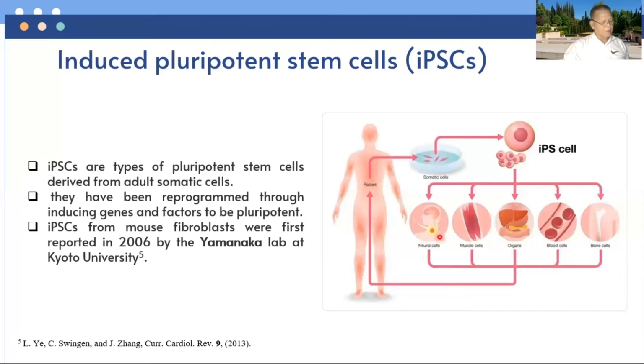The first one, iPSCs are derived from individual patient, and isogenic control are created using gene editing technology such as CRISPR-Cas9.